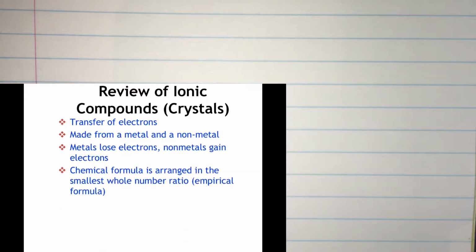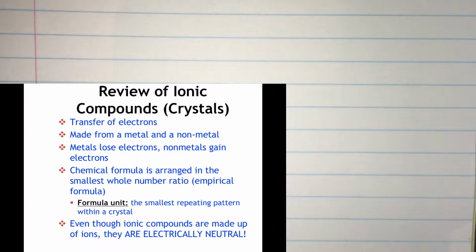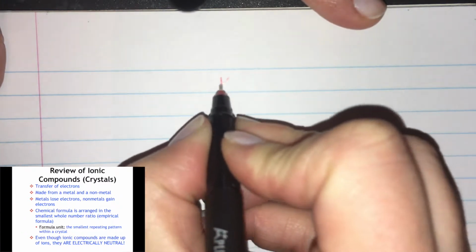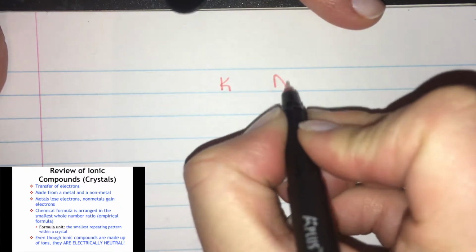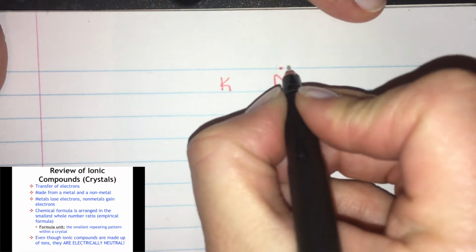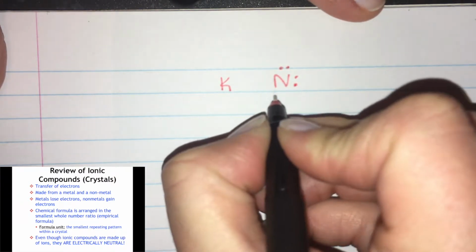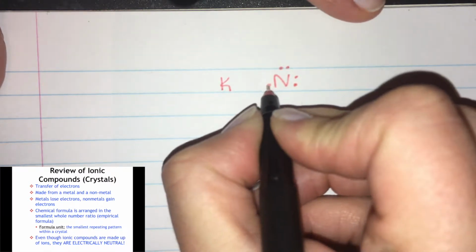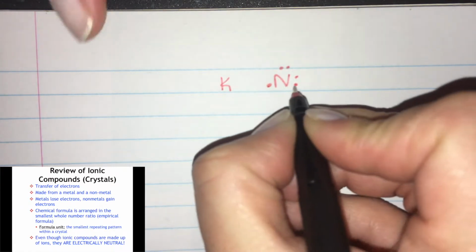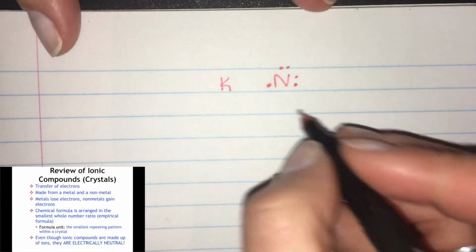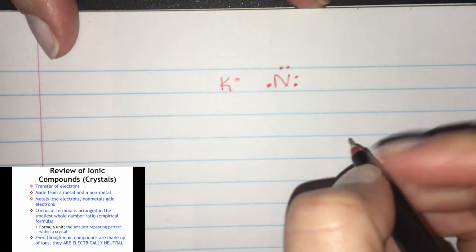So, a review of ionic compounds. They transfer electrons. If you'll remember, we had, for example, potassium and nitrogen. Nitrogen has 5 valence electrons, potassium has 1.